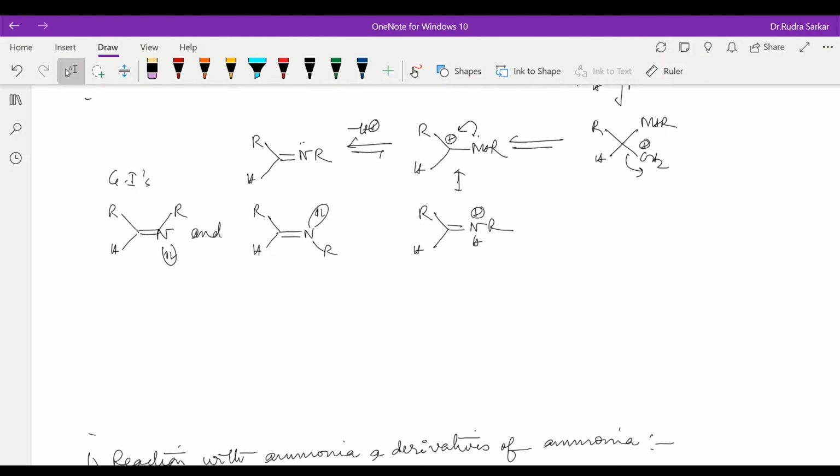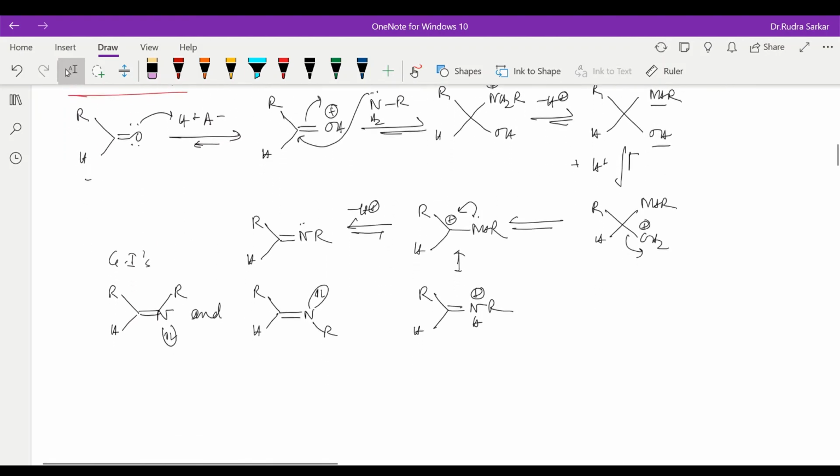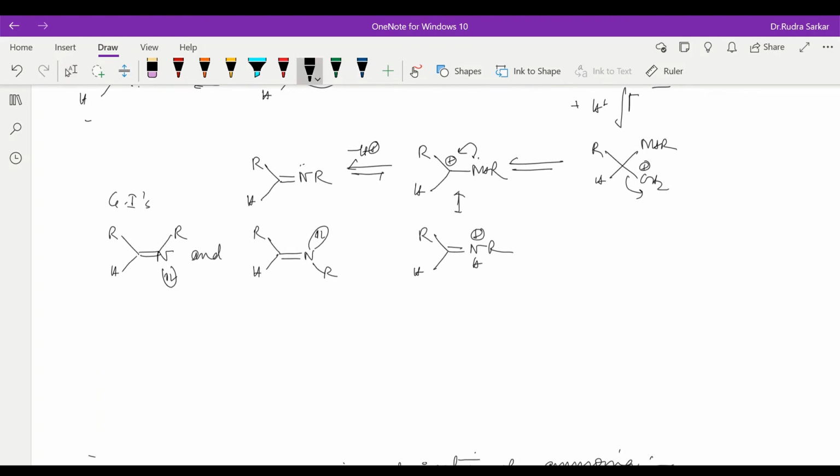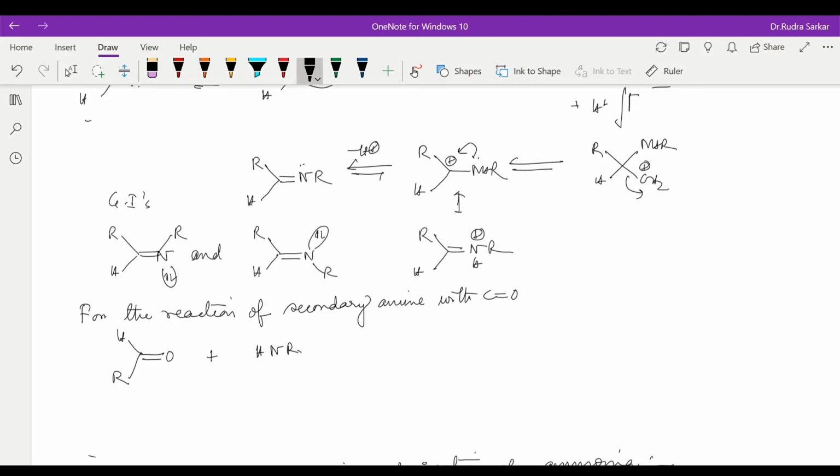For the enamine formation, okay, for the reaction of secondary amine with carbonyl, suppose that is your acetaldehyde or any aldehyde, and I have given you this is your secondary amine, 2-degree amine, again in presence of a weak acid.